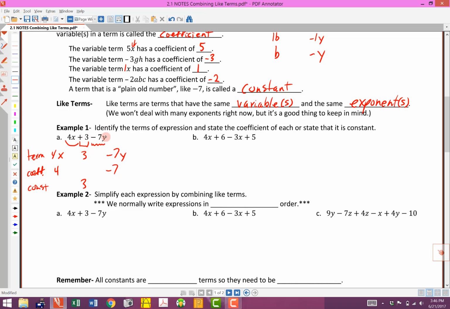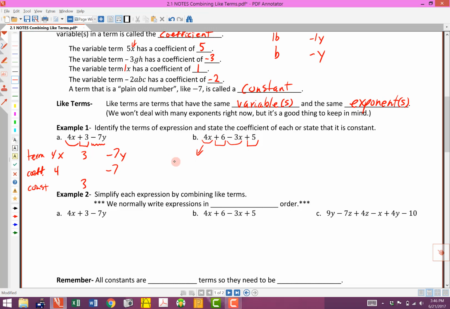You will notice that this isn't written in the correct order, and we'll take care of that if we have to do some simplifying here in just a second, but we're working on identifying terms right now. So let's see, the term right here is 4x. We've got another one that's very much like that, okay, and then we've got two constants here, okay. So each one of these is a term.